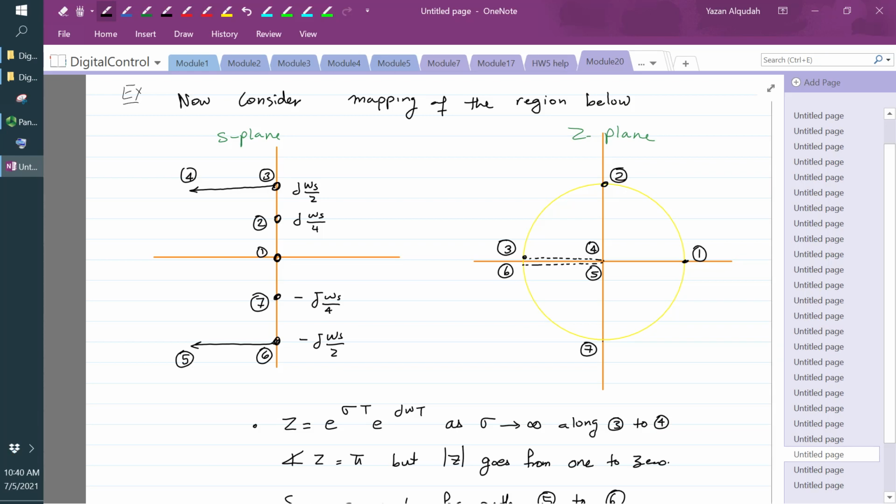So what I want to do is come to the S-plane and start at the origin, go along the j omega axis from 1 to 2 to 3, then go along a line that is parallel to the real axis all the way to infinity. Then from infinity I come back to 6, and then go along the j omega axis back to the original point.